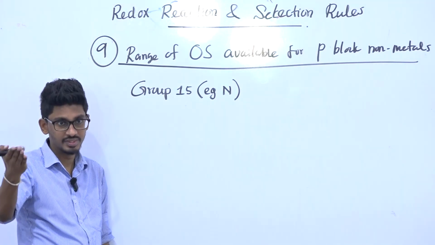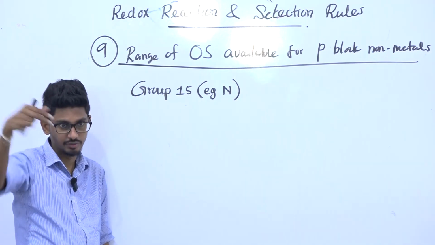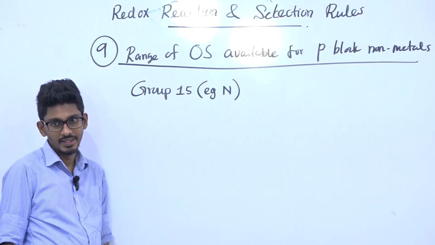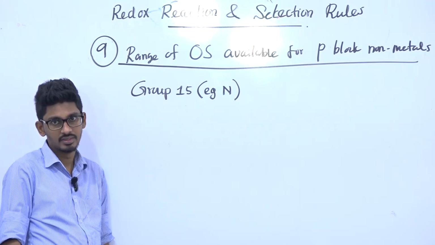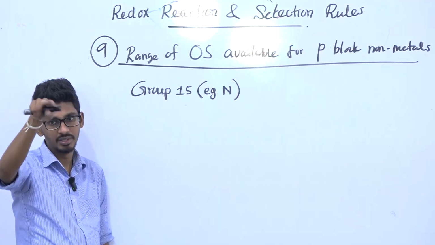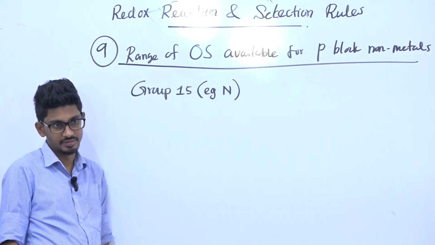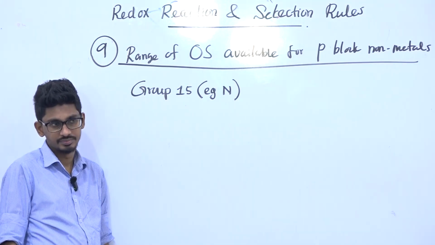That means the lowest oxidation state is -3, gaining 3 negative charges, or completely removing all the 5 at the valence shell, that means +5. Removing 5 negative charges means +5. So -3 to +5 is the oxidation state range for nitrogen.